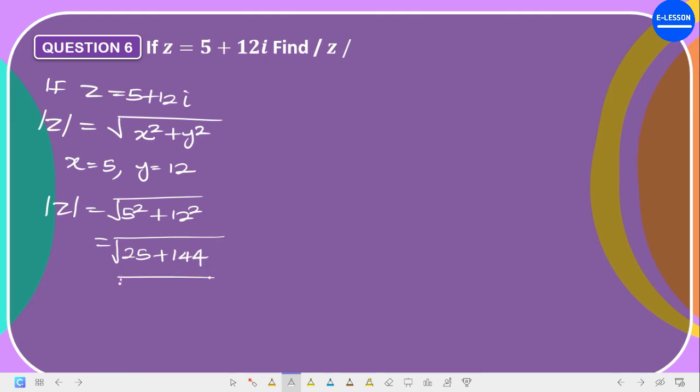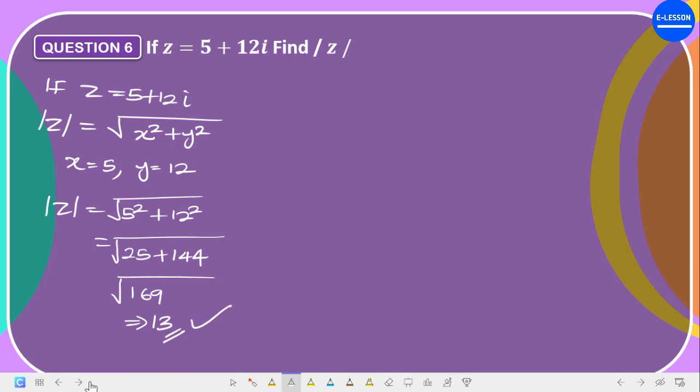Now this becomes the square root of 25 plus 144, which is 169. And the square root of 169 should be 13. So your final answer here is 13, and that is the answer to this question.